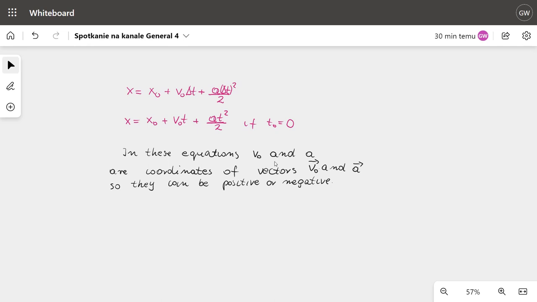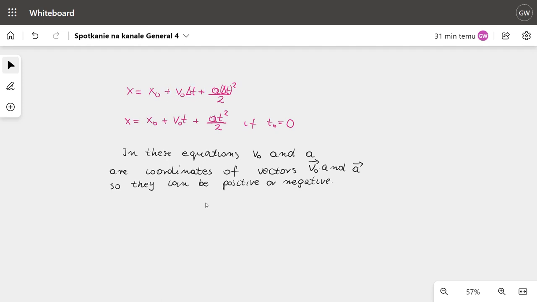If we change definition of v0 and a in these equations to coordinates of v0 vector and acceleration vector, then we will have always this equation. And here there always will be plus.